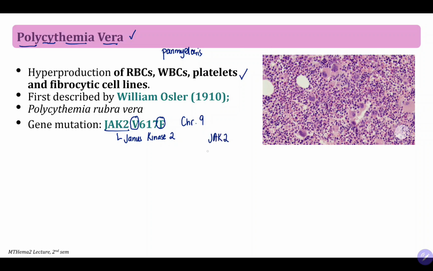Okay, pero the V617F just indicates where the substitution or the mutation present in the said disease. Okay, now this mutation is present in approximately 90 to 95% of polycythemia vera cases, leading to a constitutive activation of your JAK STAT pathway and the uncontrolled proliferation of your hematopoietic stem cells.